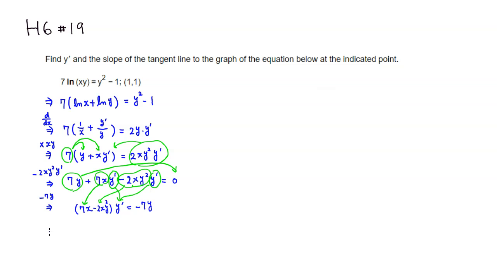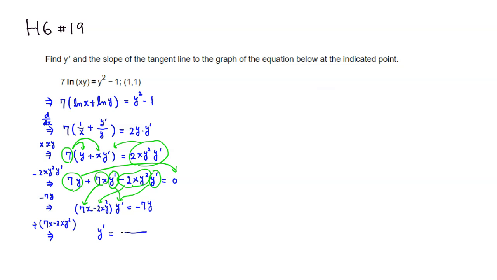So we're almost there. Since we want to isolate y prime, we're going to divide through by the quantity 7x minus 2xy squared. So we're going to get y prime, which is what we wanted.